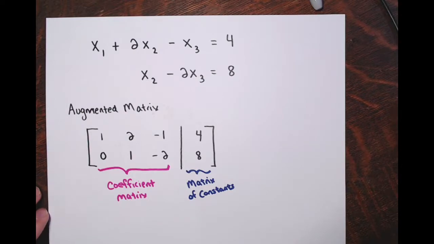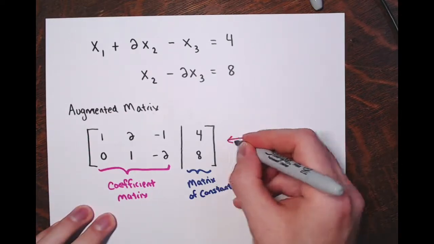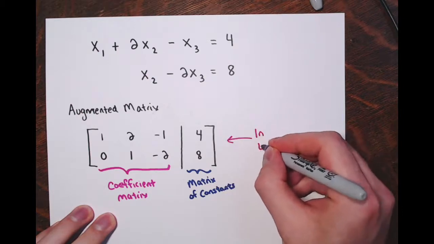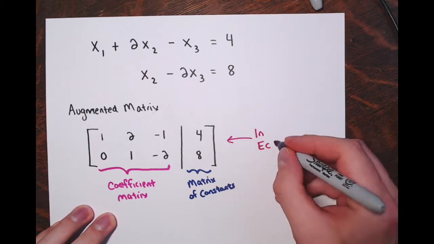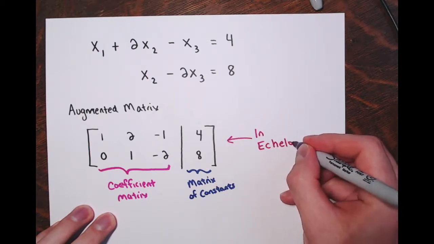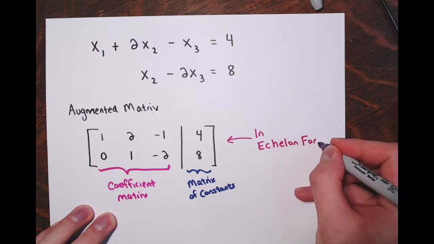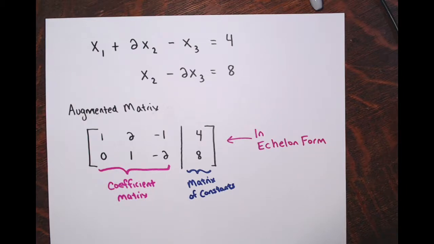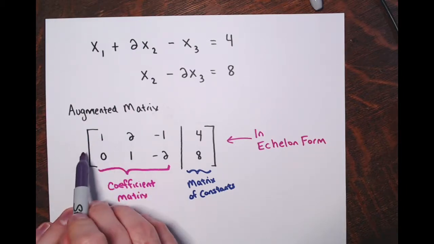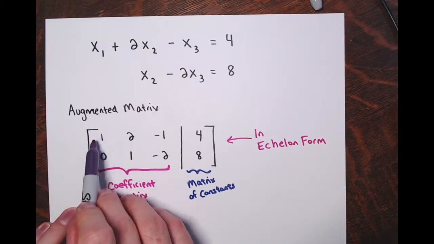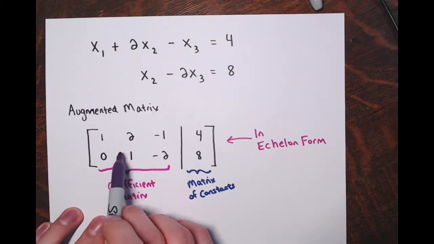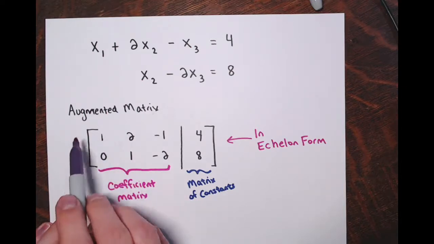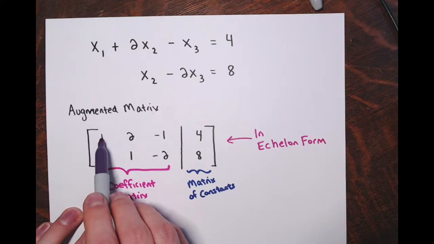This is in echelon form, or row echelon form, as you might see it called in other texts. Remember, there are no rows of zeros, and all the leading entries are to the right of the leading entries above them. The leading entry of the first row is a 1.